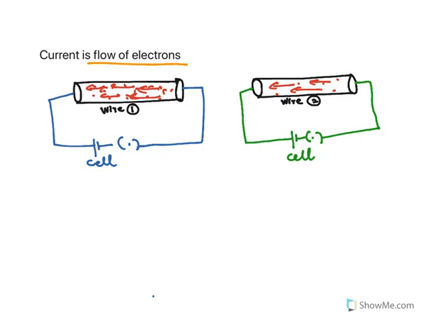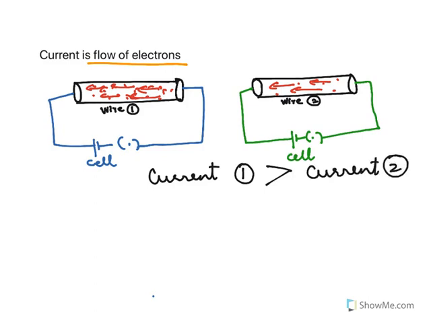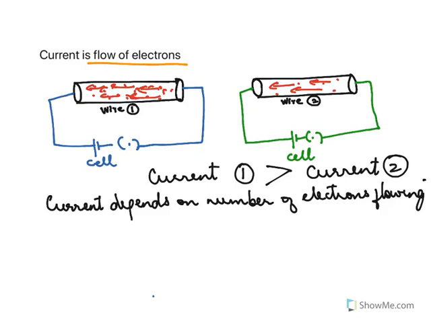So if I ask you in which wire there is a larger or stronger current, you would say the current in 1 is greater than the current in 2. Why? Because the number of electrons flowing in wire 1 is much larger, while in wire 2 the number of electrons flowing is less.